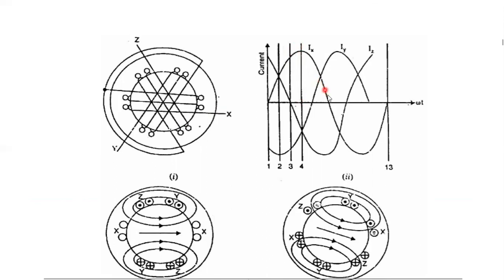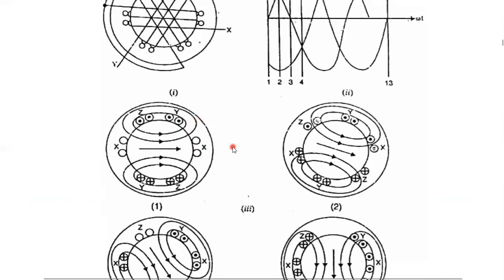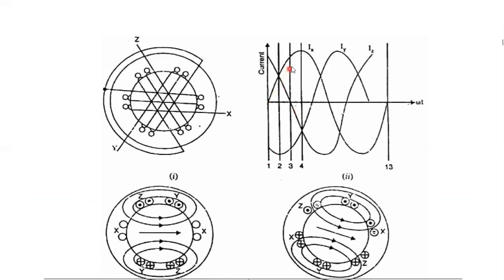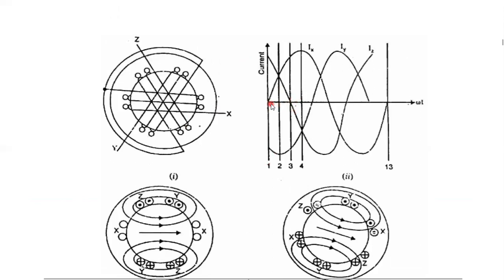For the remaining quarter cycle, the field rotates another 90 degrees. That means 180 degrees for a complete half cycle. Understood? So for a half cycle of current, the field rotates 180 degrees.